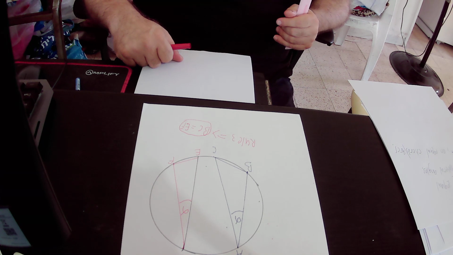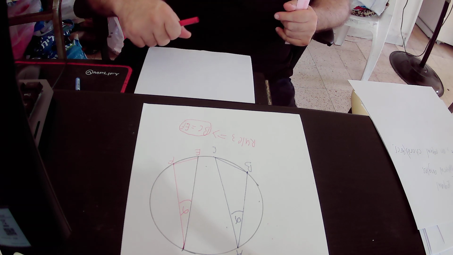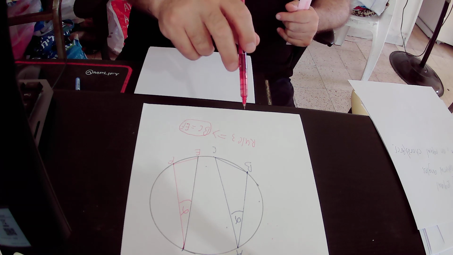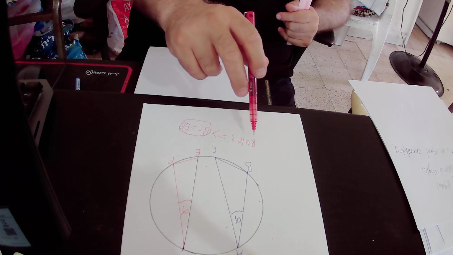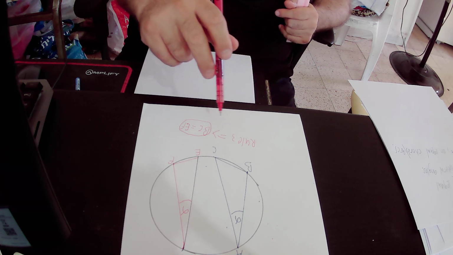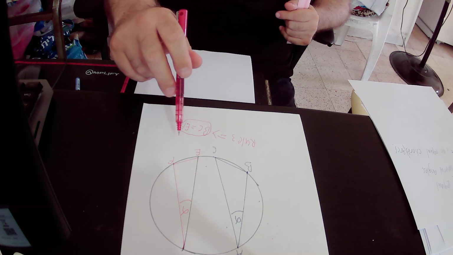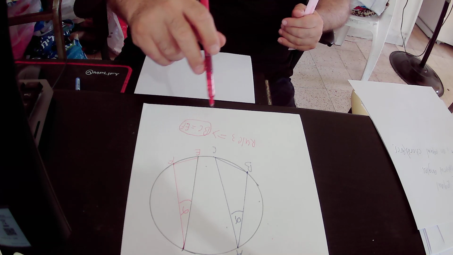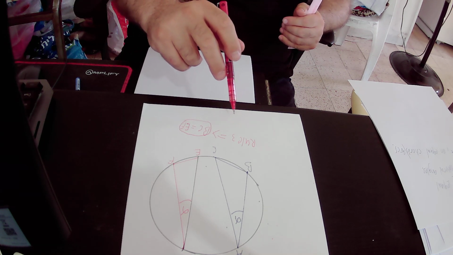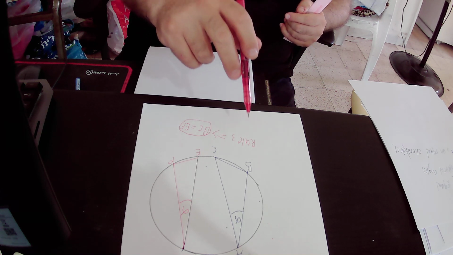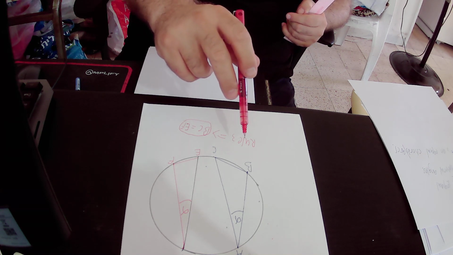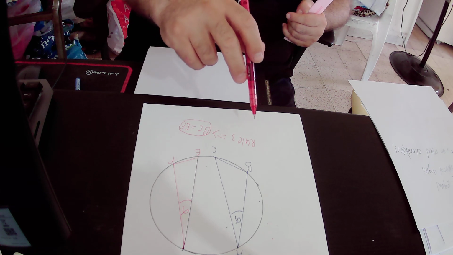What is important to us is that according to rule number 3, chord BC equals chord EF, because rule number 3 states that equal angles rest on equal arcs.